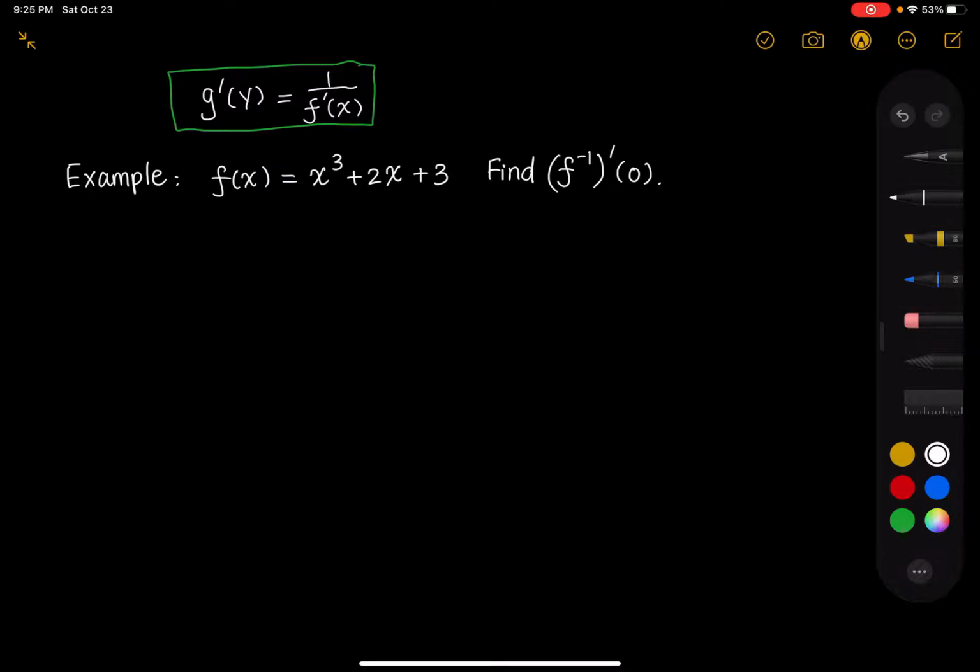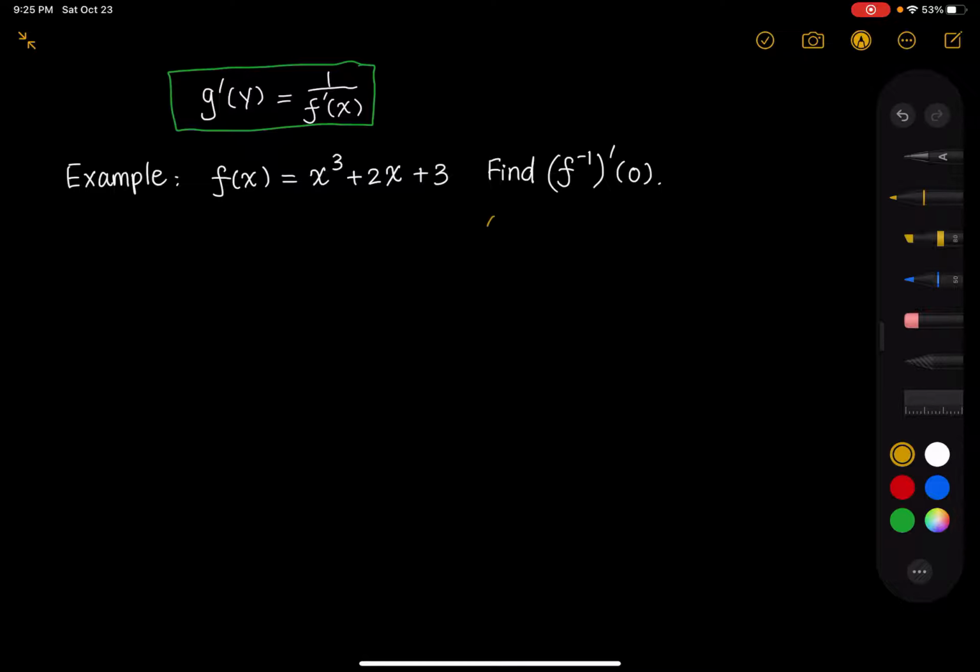So we want to take a look at an example on how to use the inverse function theorem. We have the function f of x equals x cubed plus 2x plus 3, and I want to find the derivative of f inverse evaluated at 0. So now you just need to have a map, okay?